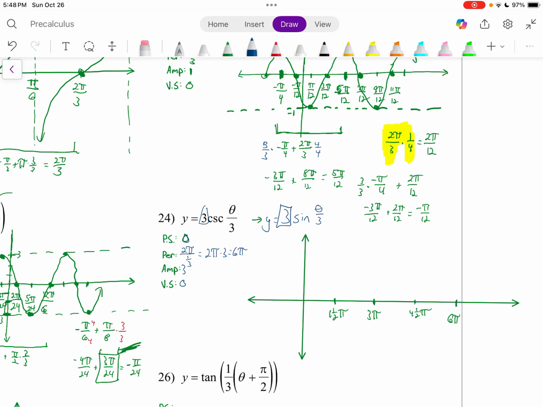Well, maybe not yet. So our amplitude is 3. 1, 2, 3, -1, -2, -3. I'll go ahead and put those guidelines in there. You don't have to put the guidelines. They can just be helpful. So I'm going to graph sine.